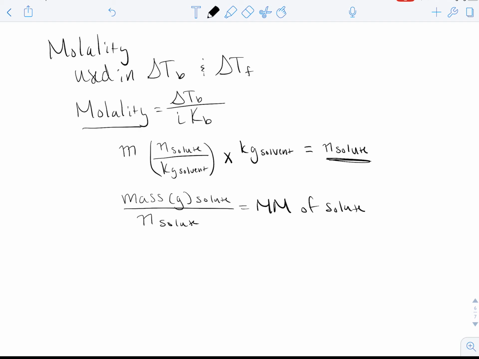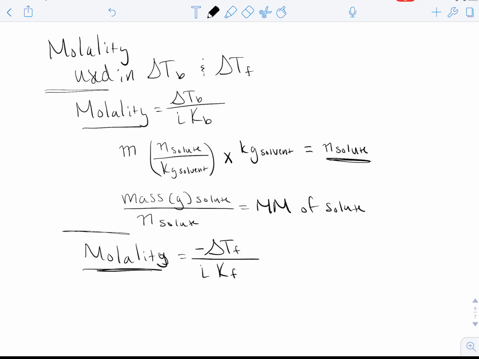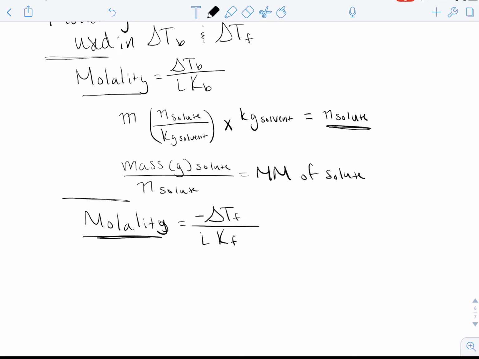Okay, we can also use molality. We can solve for our molality by taking our freezing point depression equation and rearranging it. Once we solve for our molality, we can then multiply that by our kilograms of solvent, and that will give us our moles of solute.